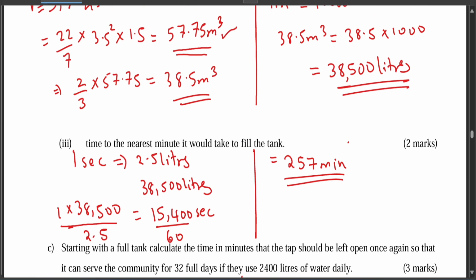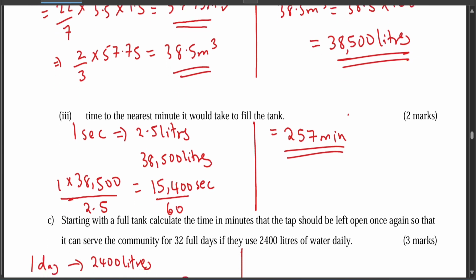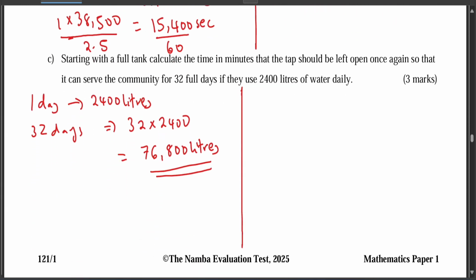Let's say it is 57.75 cubic meters. So if you change 57.75 cubic meters into liters, you multiply by 1,000 to give you 57,750 liters.